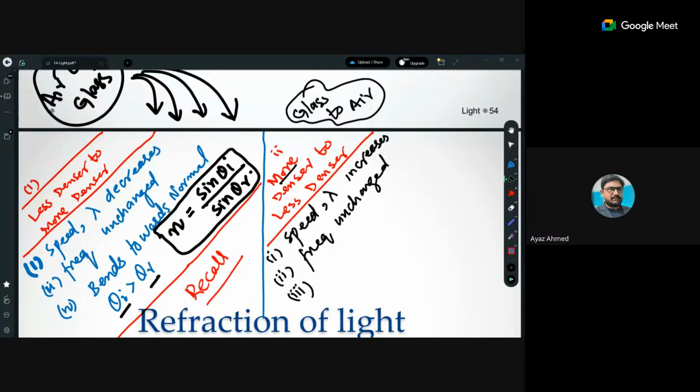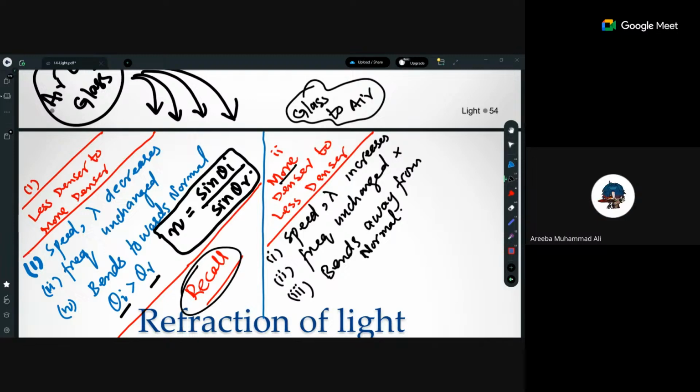The speed of the light will increase, wavelength will increase, frequency will remain unchanged, and it bends away from the normal. Could you give an example of how it bends? No need, I told you that it is just recall. In the next slide, I will explain each and everything. First, you have to recall all these points.